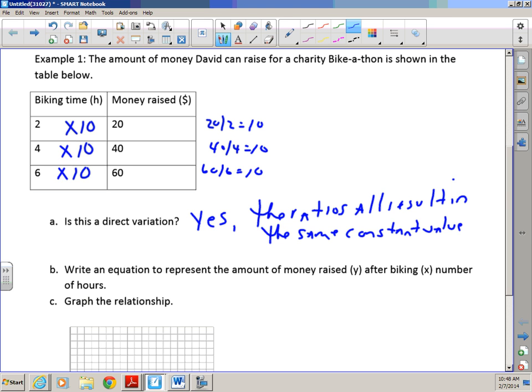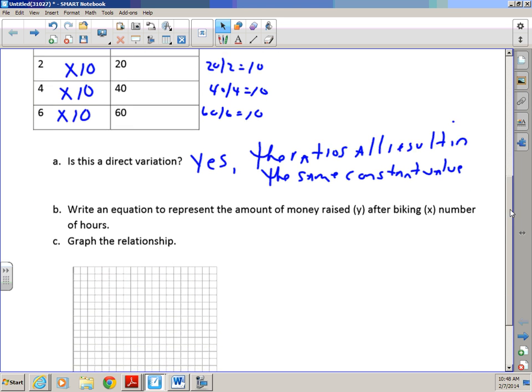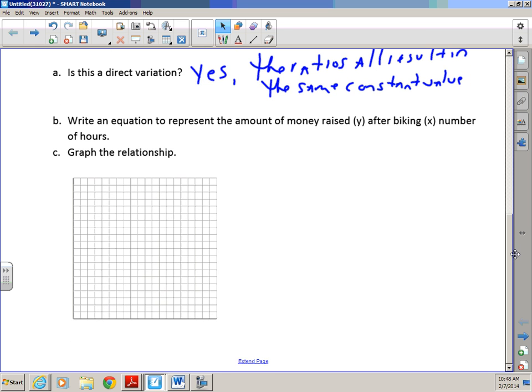Now, looking at this in a graphing context, one of the things I want to point out to you is that when you graph in math, you don't want to confine yourself to just 1, 2, 3, 4, 5, or whatever. So the equation for this is y equals 10x. My independent variable is time, and dependent is dollars.